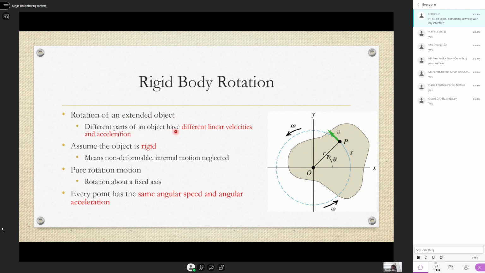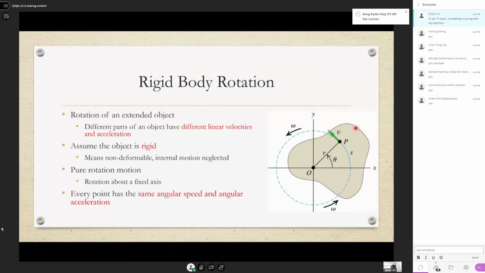Different parts of an object have different linear velocities and accelerations. When this thing rotates, the whole object can be rotating at the same rate, which means it will have the same angular velocity. But if you talk about linear velocity or acceleration, you compare different points on it, and because they are different parts of the rotation, they will have different values.